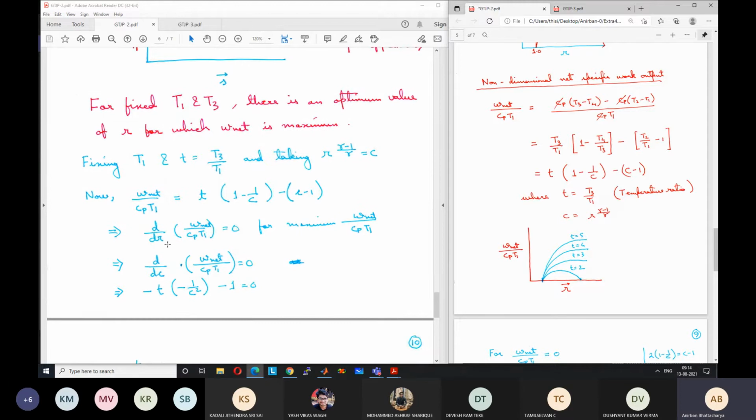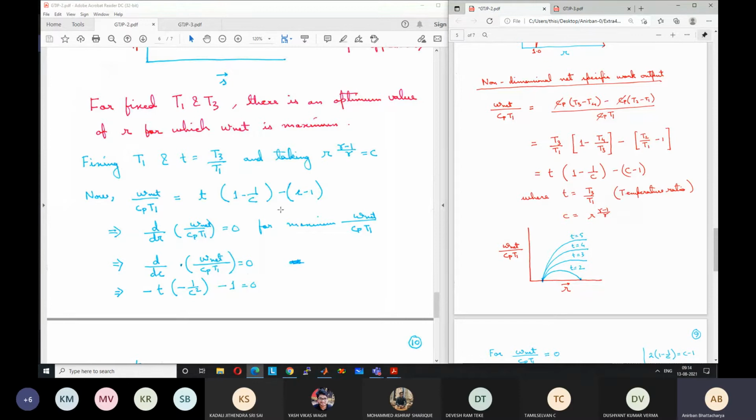So this also means that we can do the derivative in terms of C, because for the unique value of R, there will be a unique value of C. So d/dC of W net by CPT1 equal to 0.